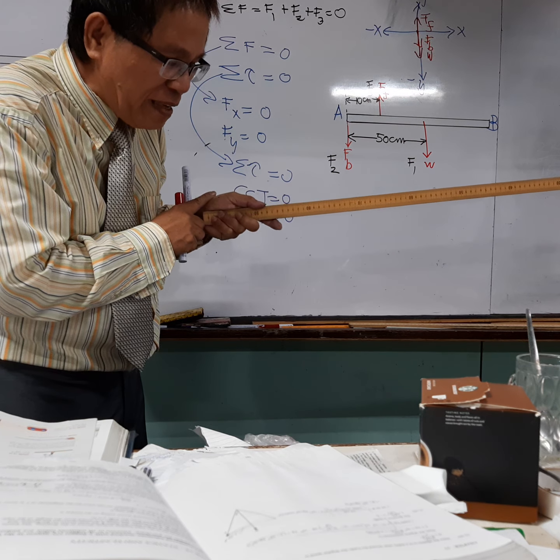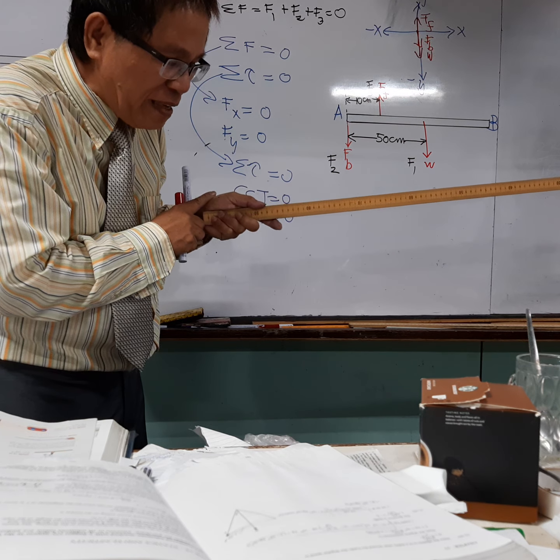Because this angle is 270 degrees. Remember the negative y-axis, that's 270 degrees. That's why you have negative here. Or another way of saying that, any torque that will give a clockwise rotation is a negative torque.